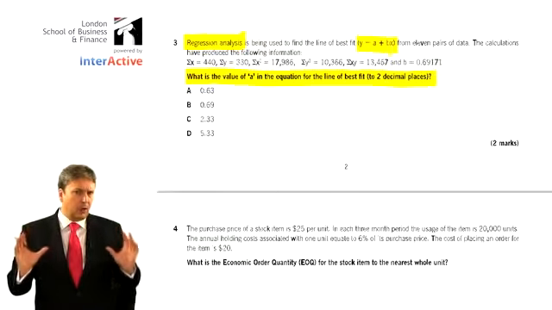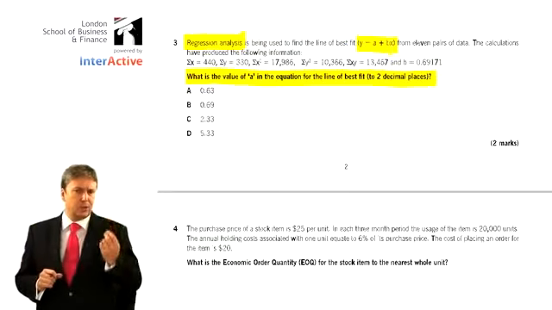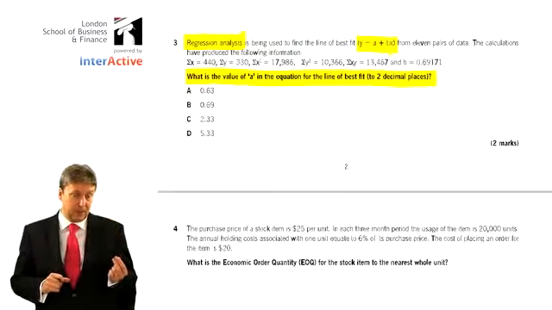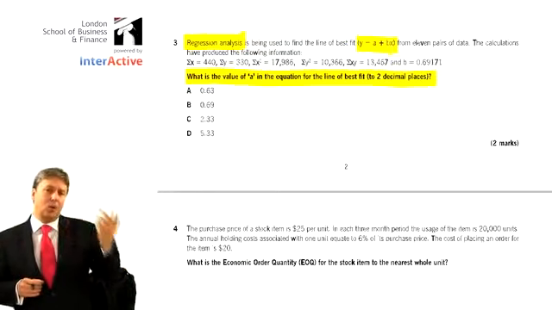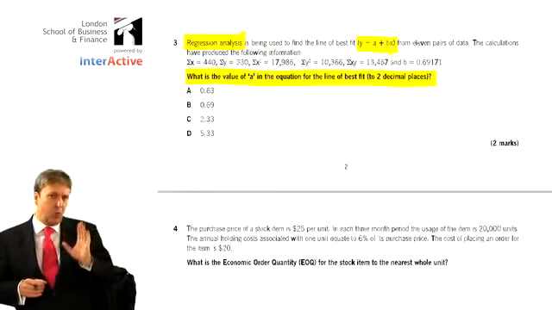Please remember, when we're looking at regression analysis, we have two rather weighty formulae that we have to play with. Now, don't worry, we don't have to remember those formulae. In fact, before we go any further with this question, let's go away and just establish what information you are given by the examiner that you can use.